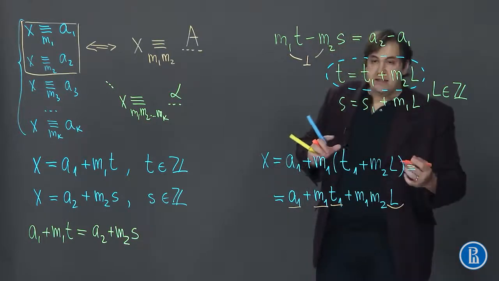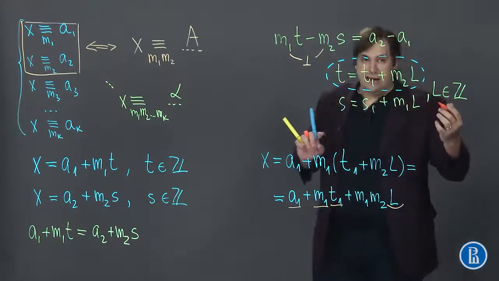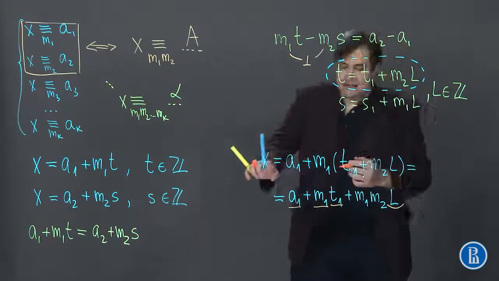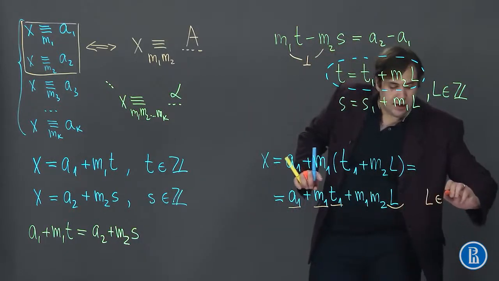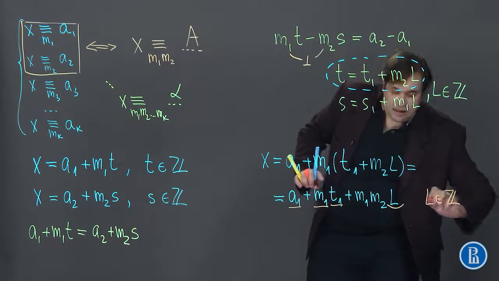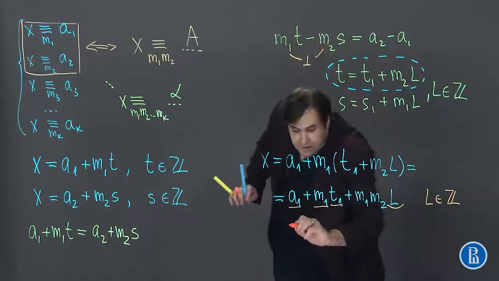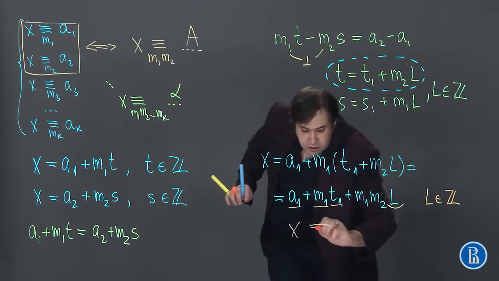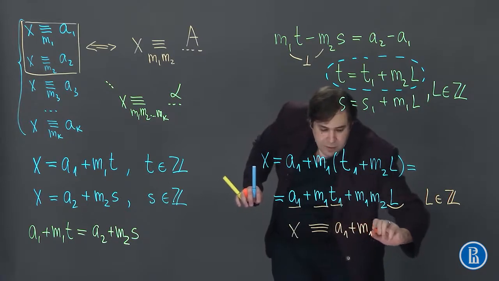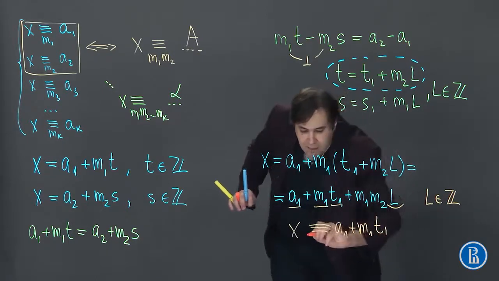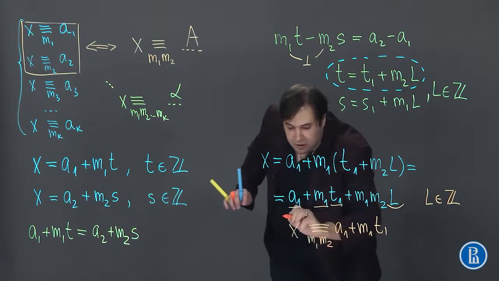So since t is expressed in this way with arbitrary l, then x is expressed in this way also with arbitrary l, which brings us to the conclusion that simply x must be congruent to a1 plus m1t1 modulo m1 multiplied by m2.